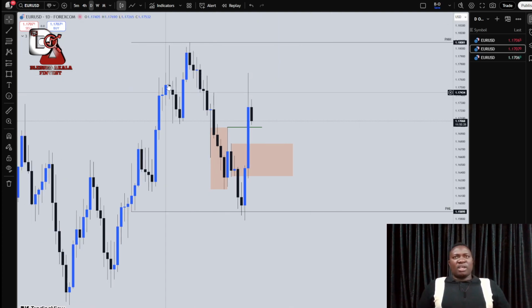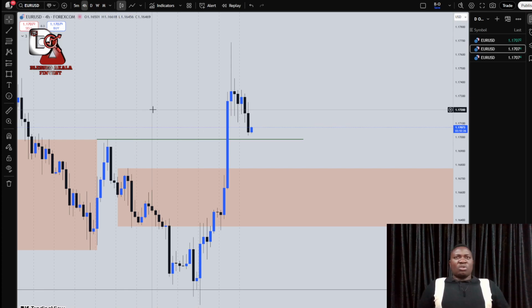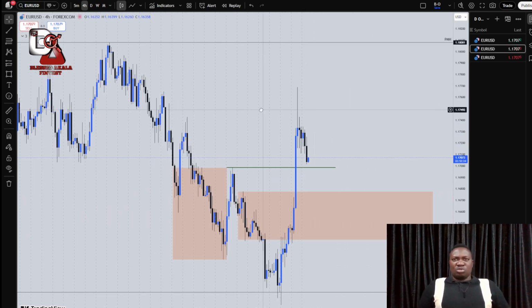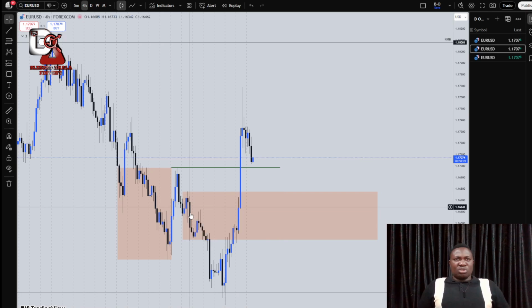So from what we are having here, I believe that we can just continue to go into the high because of the breakthrough of the structure that we have here. And if we go on lower time frame and we try to use our structure, this is the level that stands out, and we can be having some level of reaction from the level.